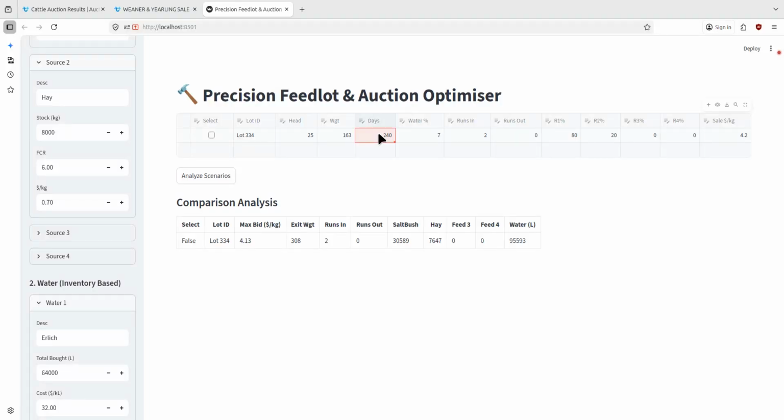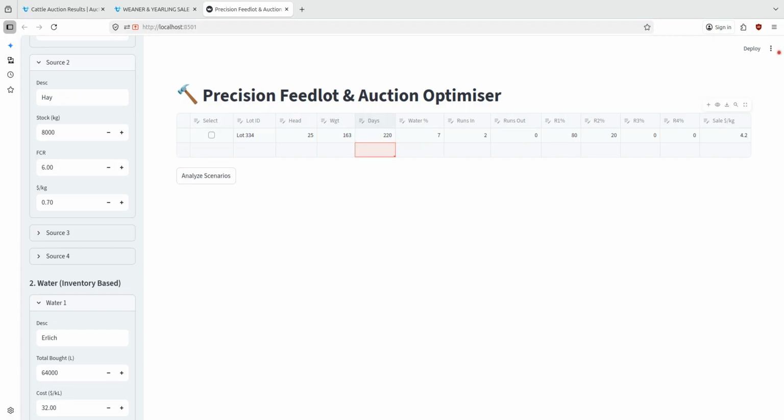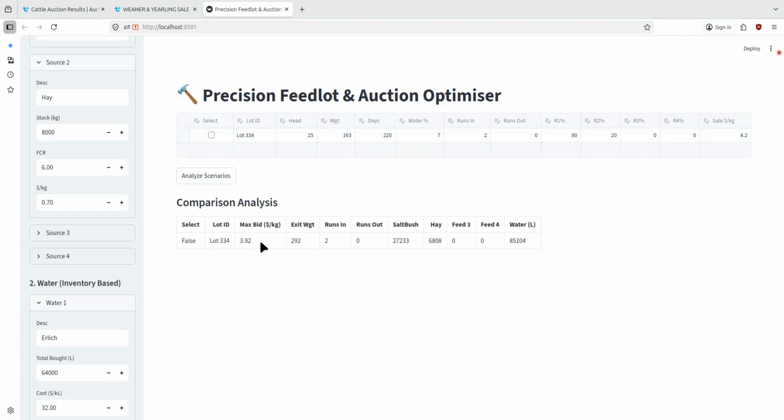I've got to have them on the property for $2.40. I only really want to go 200 days, but I'll adjust that back down, and that could help me with my price. I'll keep my weight to there as well. Okay, so that's that.